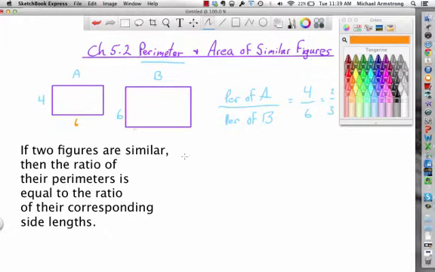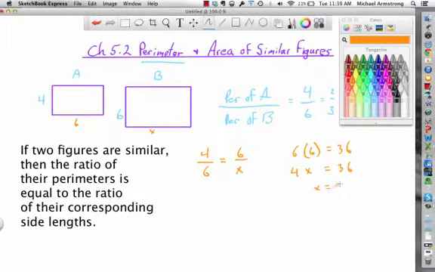And so if we use our similar rectangles thing from last section, we'd say that 4 over 6 is equal to 6 over, we don't know what this is, we'll call it x. 6 times 6 is 36, and 4 times x is also 36.